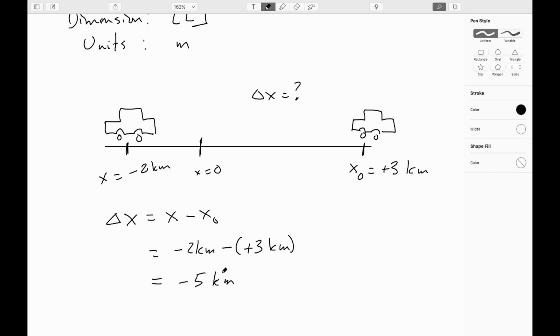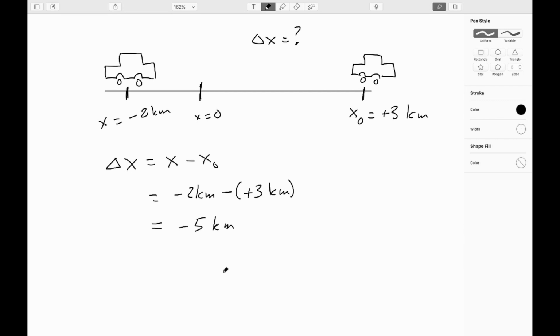And so how would I be interpreting this? I would be interpreting this minus sign, again, as meaning that we displaced to the left. So I can go ahead and draw my displacement arrow. It would look something like that. It would start here and go to here.